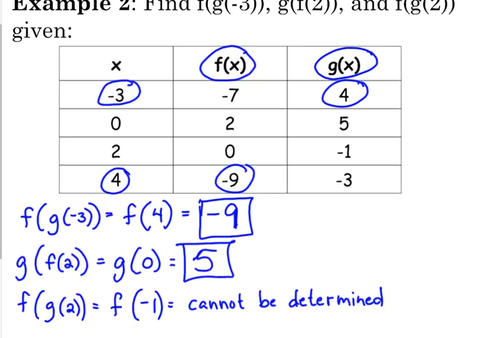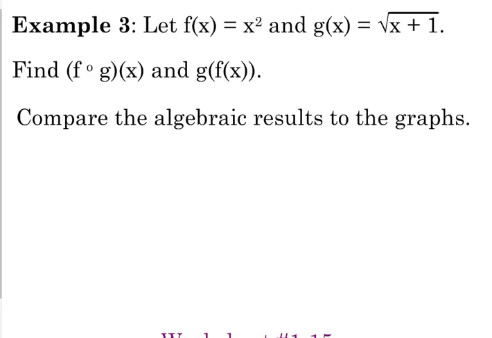All right, let's look at just evaluating it algebraically. Okay, we're not plugging in a specific number. We're not evaluating it at a value. We are just trying to compose these two functions.